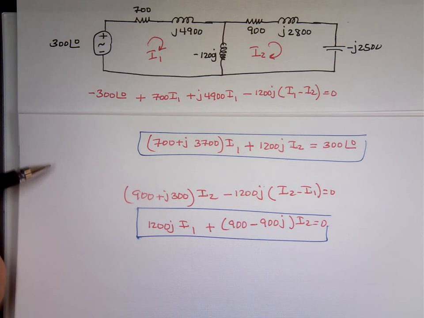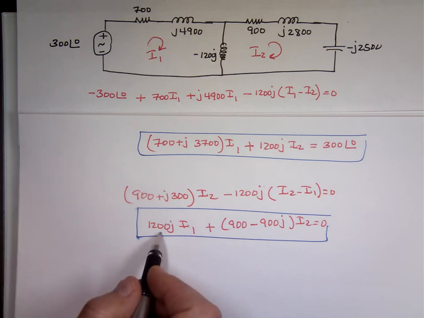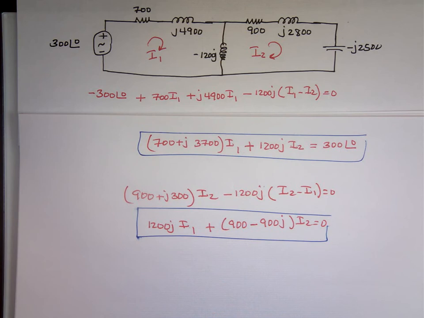This is 1200J, and that's the answer, 300. This one, 1200J. It's the same as the previous equation we had, except it's a positive 1200J. 900 minus 900J, we'll see, and 0, and solve it.